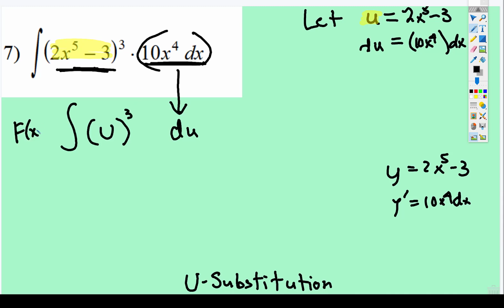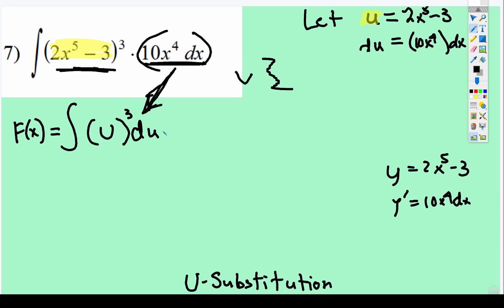So uppercase F of x, and here we don't want the du clear over there. I don't have to care about that. Remember, the du is the 10x to the fourth dx.